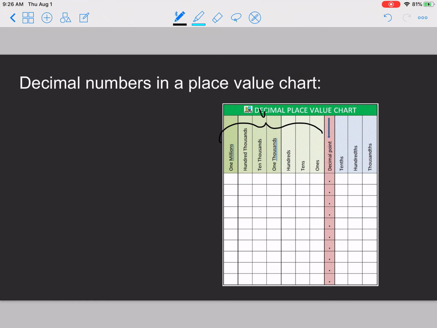These are our whole numbers. And then over here to the right of the decimal, we have our fractions, those parts of a whole, which remember, fractions and decimals are the same thing, they just look a little different.